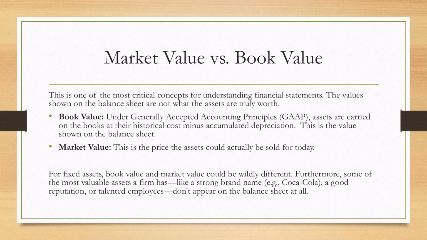In contrast, the market value is the price that those assets could actually be sold for today. For fixed assets, these two values can be wildly different. Furthermore, some of the most valuable assets that a firm possesses, like a strong brand name such as Coca-Cola, a good reputation, or its talented employees, don't appear on the balance sheet at all.